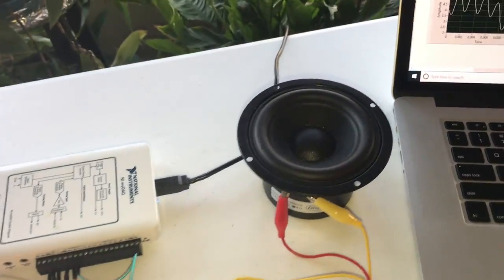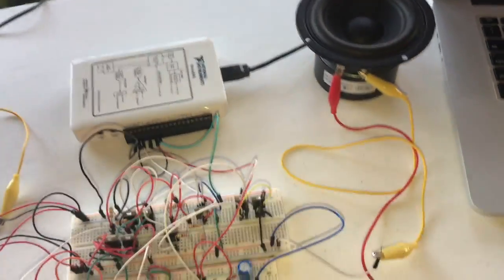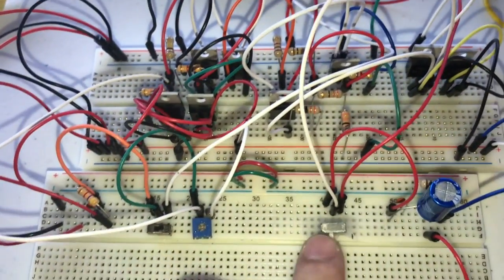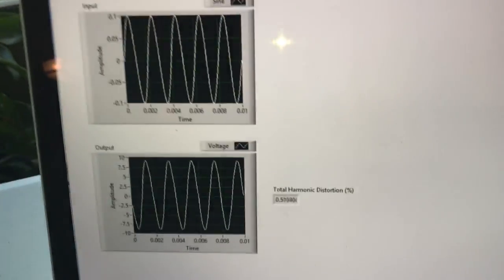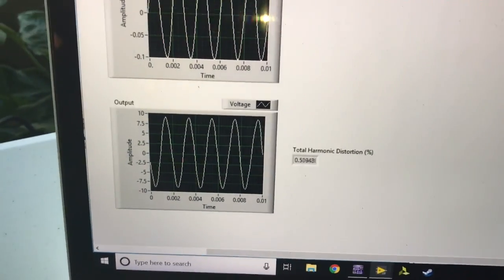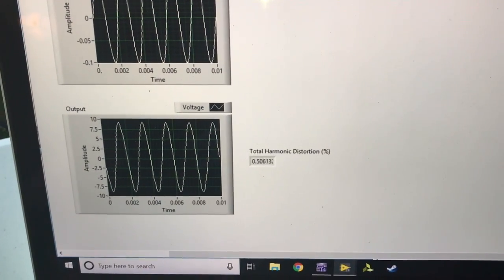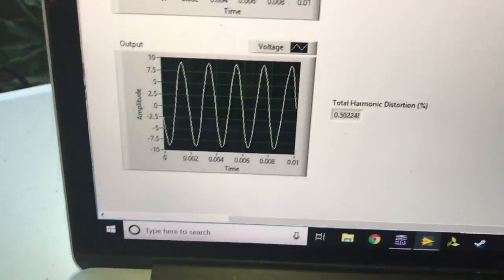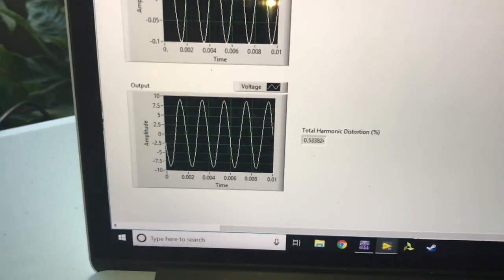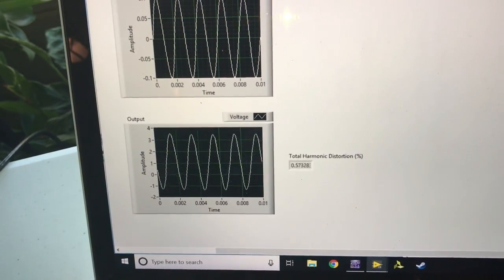Our speaker is outputting a 500 Hertz waveform, and we can move this switch to the right to input that waveform into LabVIEW. It's saying right now there is about 0.5% total harmonic distortion, which is not bad at all. We can also change the volume.